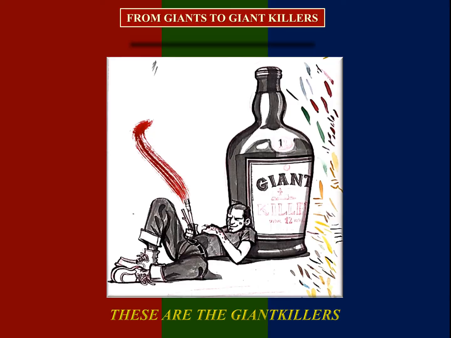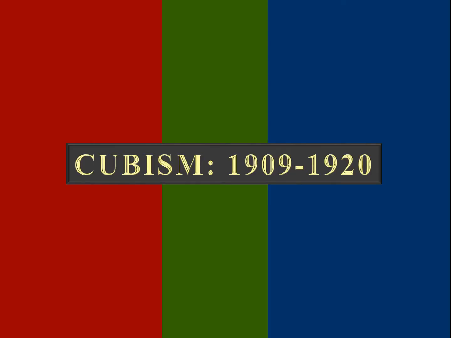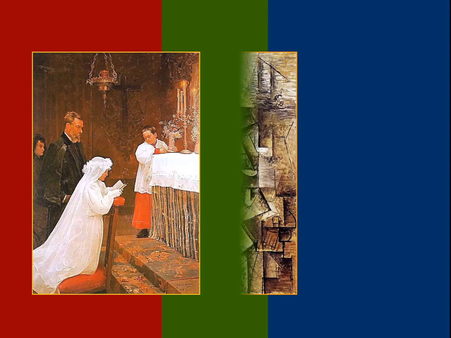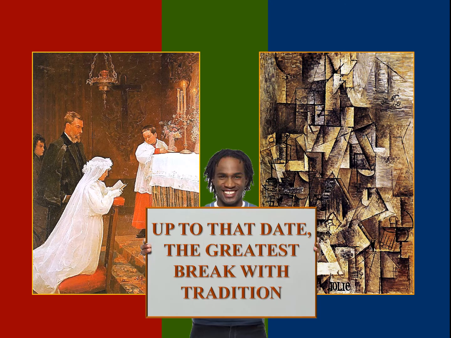The first 20th century movement that we're looking at is a groundbreaking movement, Cubism, starting right around 1910. It's Cubism that really breaks away from the pack. Up to that time, around 1910, Cubism is the greatest break with tradition.